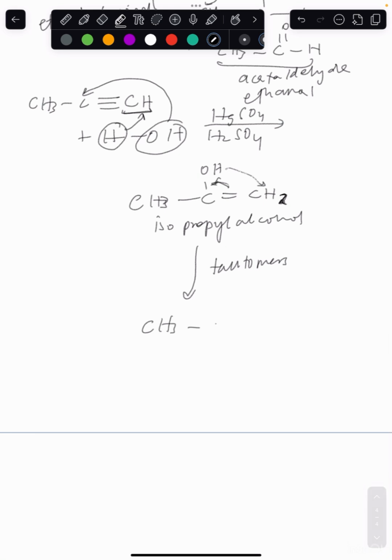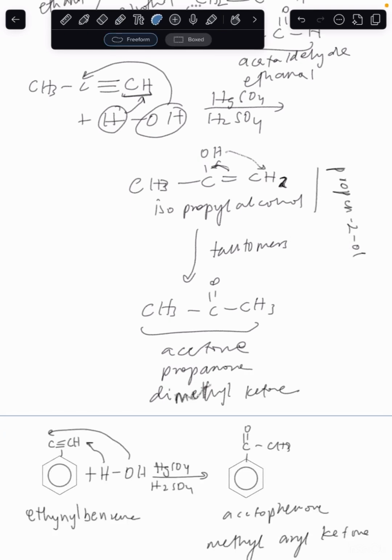So what we'll have is CH3, C double bond O, and CH3, which is acetone or propanone. Slight correction to make is that this is not isopropyl alcohol. This is propene-2-ol.